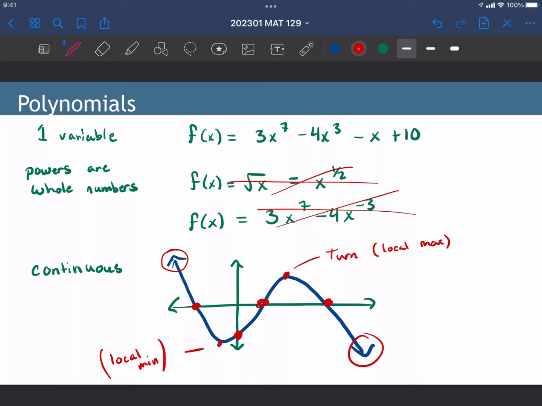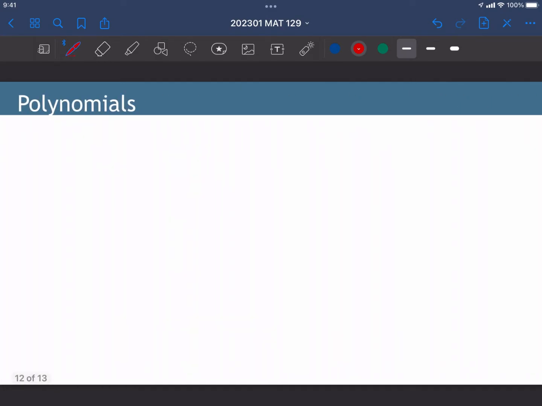All right. Some other things. Let's talk about notation for a little bit. So if you go to a new slide, we call this the general form of a polynomial. And so a lot of times you can use f of x, but a lot of times we like to say p of x, p, polynomial, right?